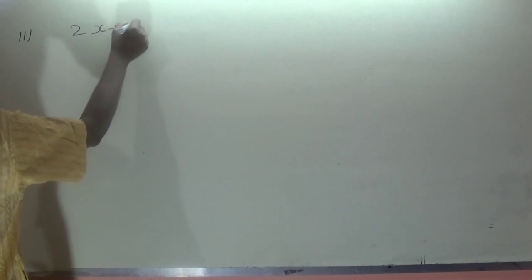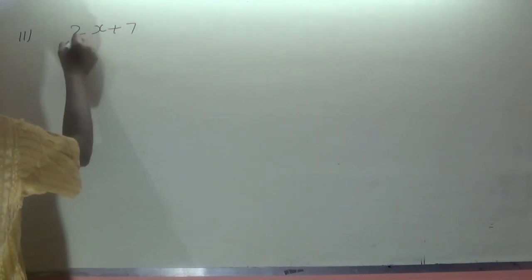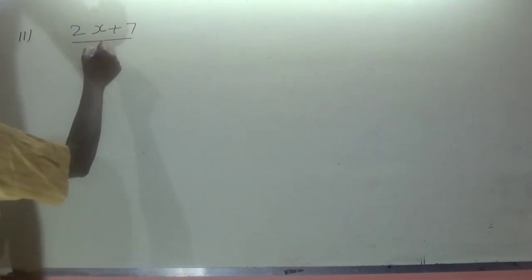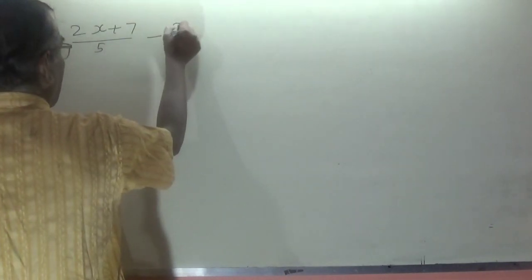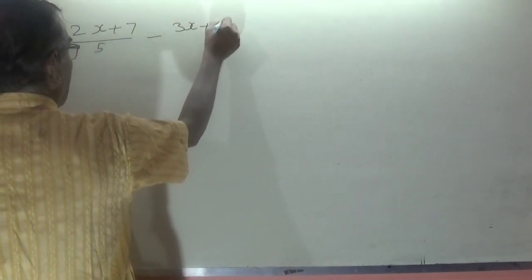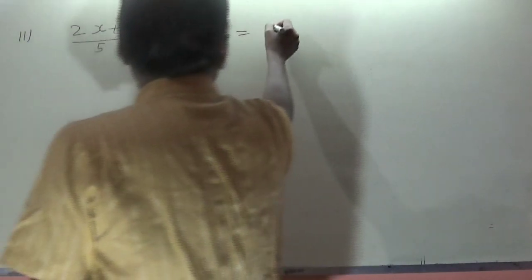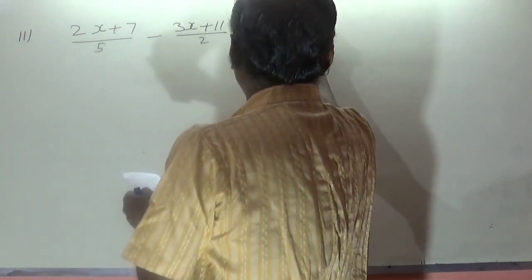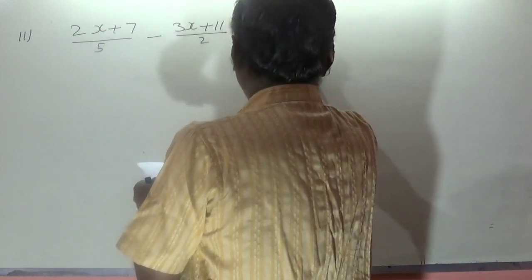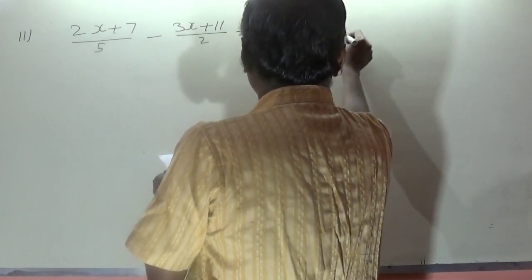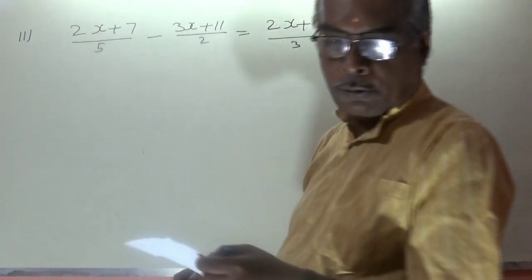Question number 11. 2x plus 7 divided by 5 minus 3x plus 11 divided by 2 is equal to 2x plus 8 divided by 3 minus 5.